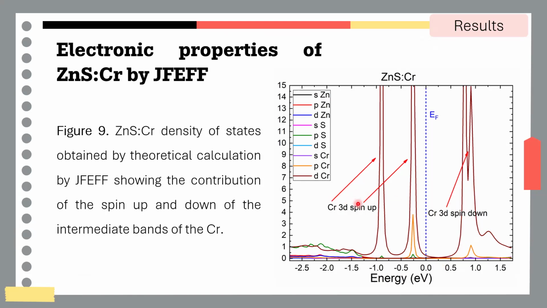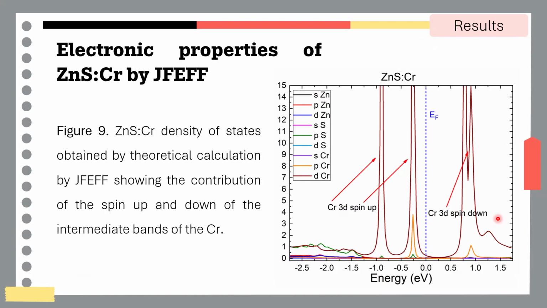The density of states graphics show the appearance of states located within the band gap, in this case for spin up, below the Fermi level, while for spin down, they appear close to the edge of the conduction band or even already within it, which corresponds to those reported in literature experimentally.